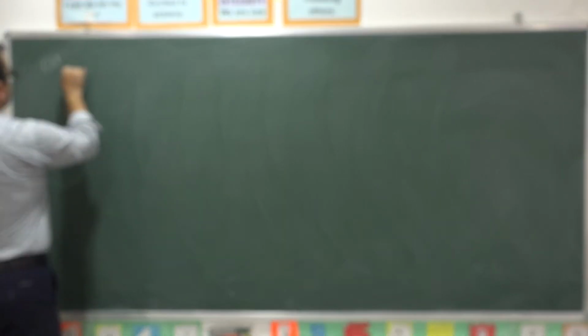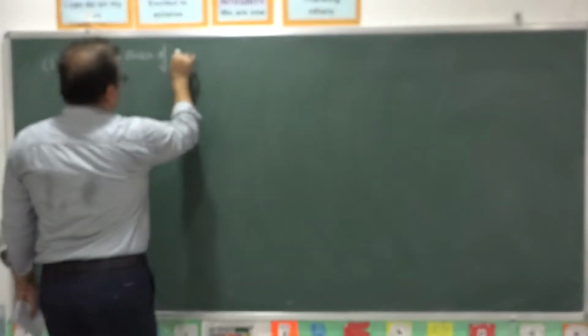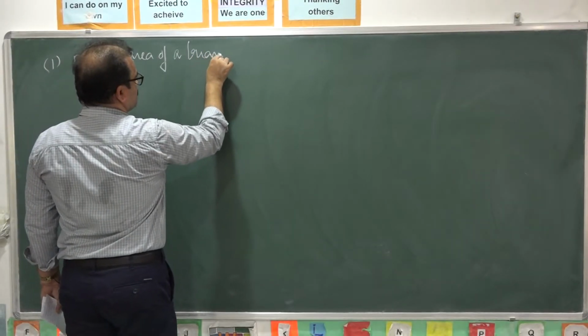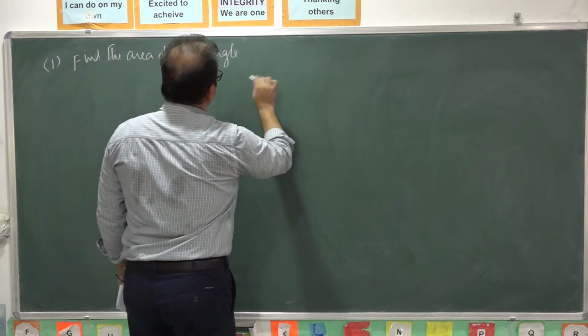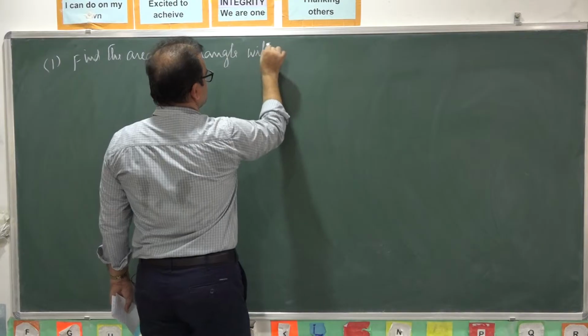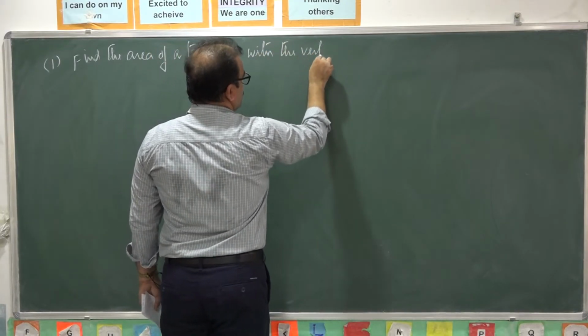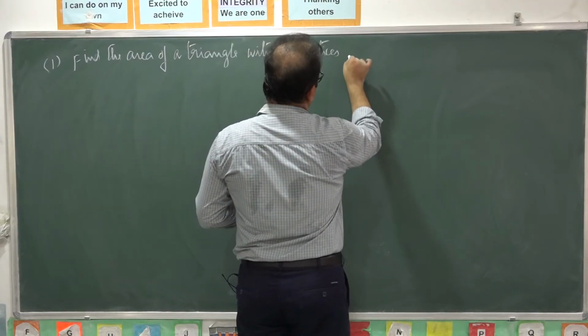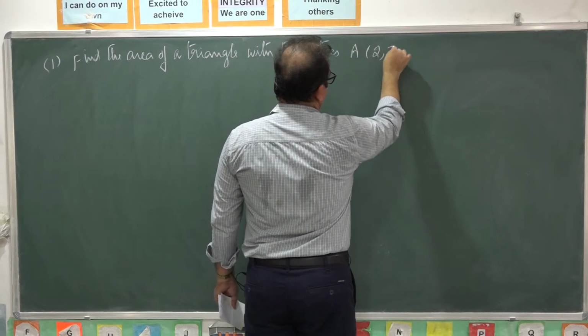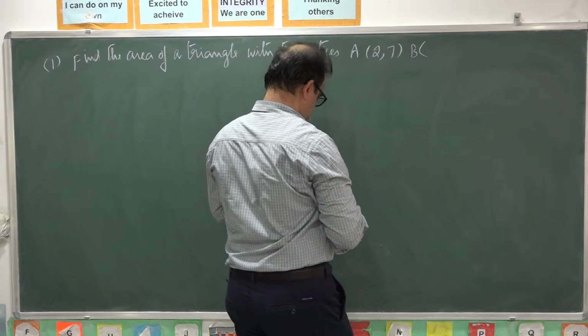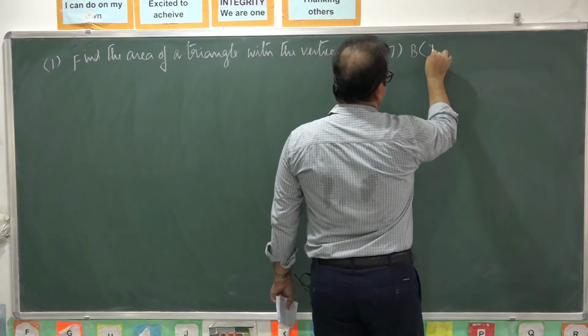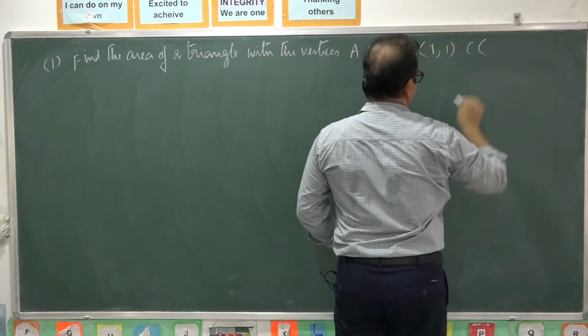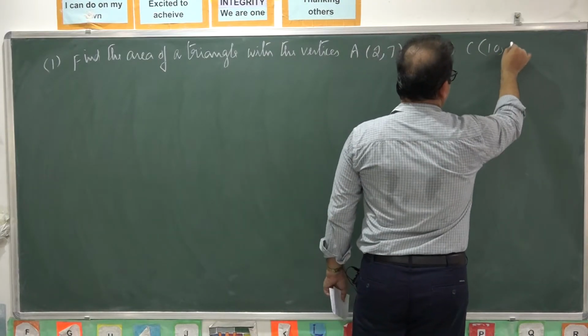First problem, find the area of a triangle with the vertices A(2, 7), B(1, 1), C(10, 8).